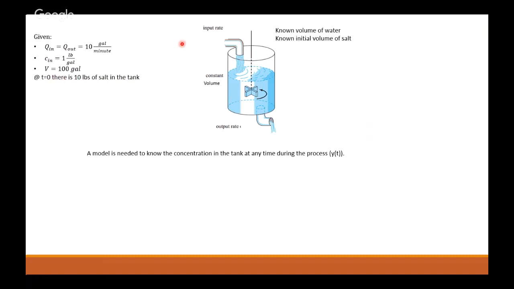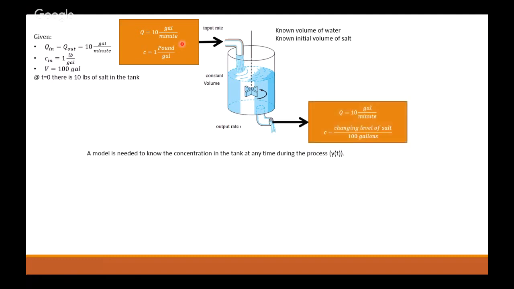Again, using this basic example, you've got a flow rate going into the tank, flowing in a particular concentration of 1 pound of salt per gallon. You also know what's going out. It's a steady state, constant volume, with 10 gallons per minute going out.